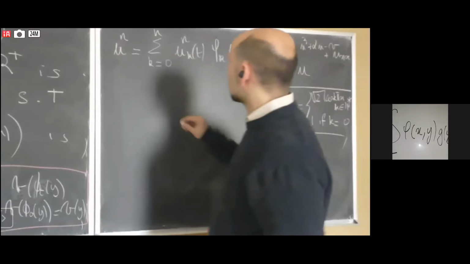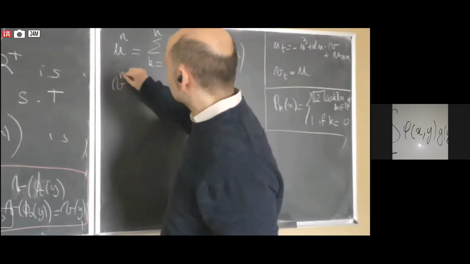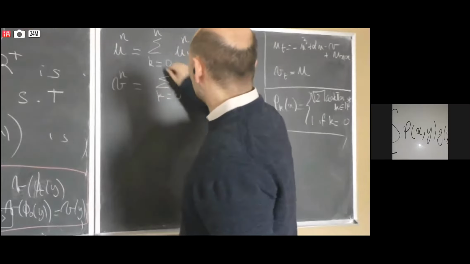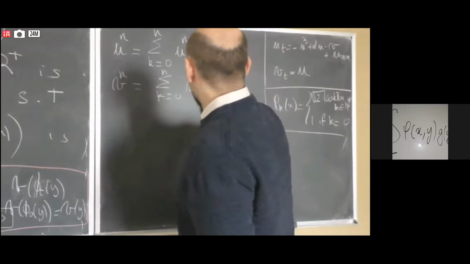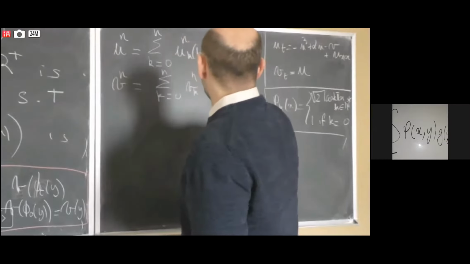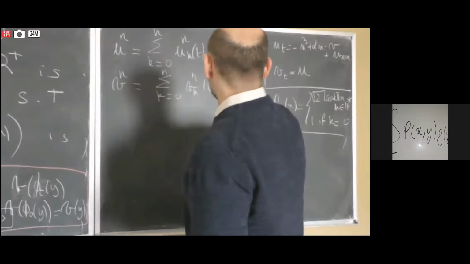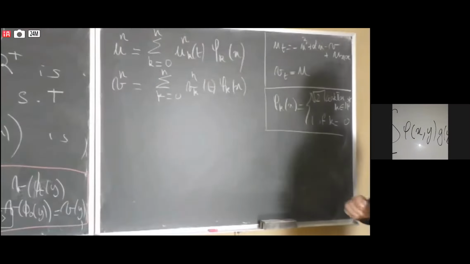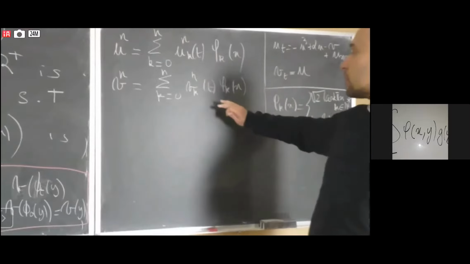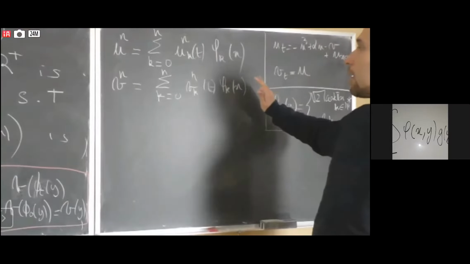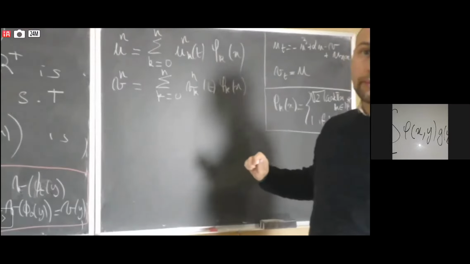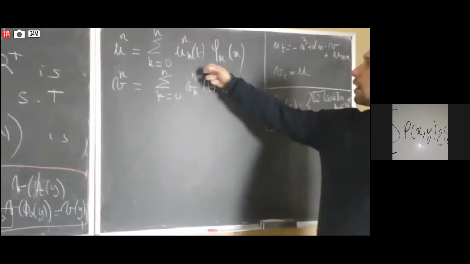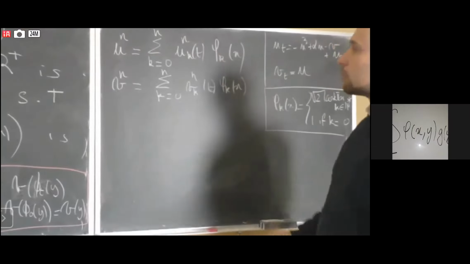So you look for solutions which write in this form, with coefficients depending on t and phi_k of x. You can see that these functions are very regular. It's a cosine.